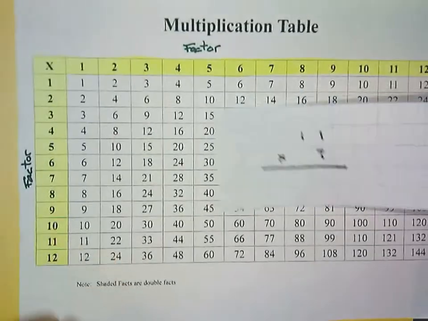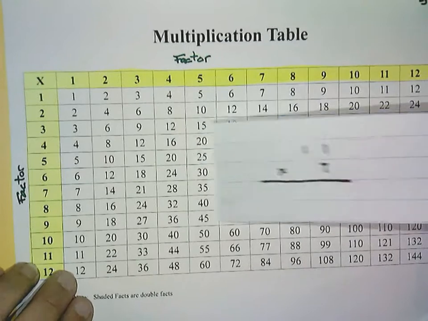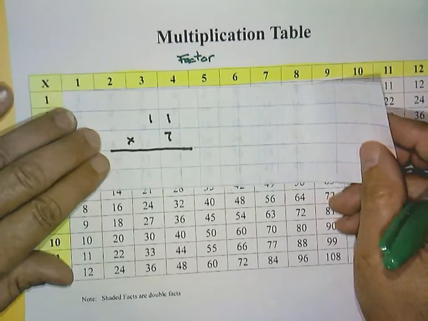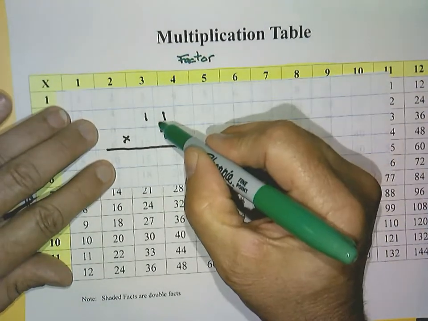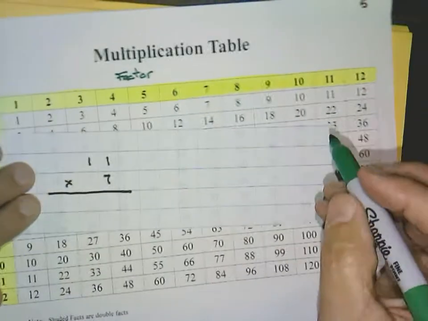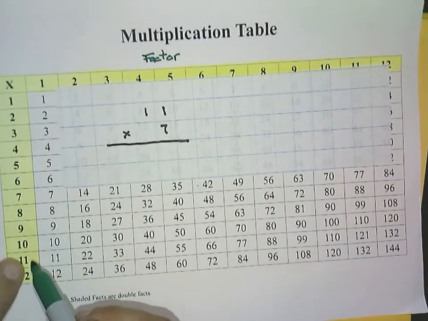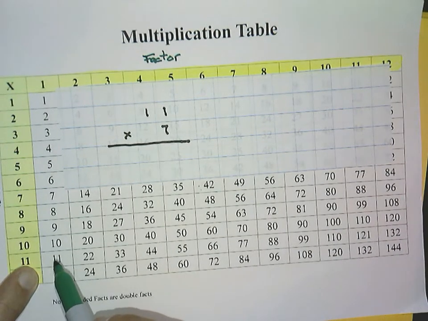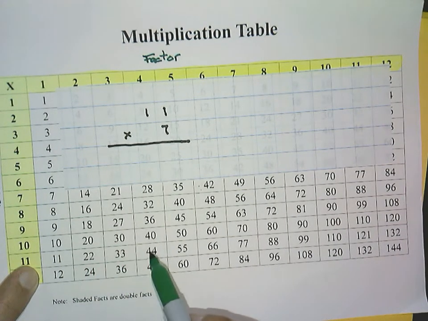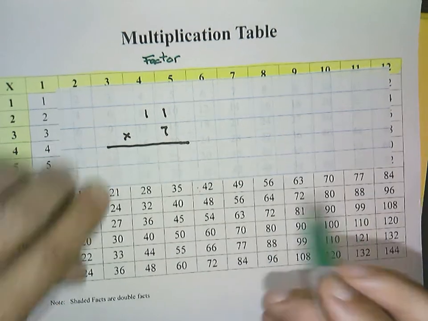You could also use your multiplication table reading from left to right. I'll show that for this problem. 11 times 7. So instead of finding 11 here, if some people would prefer to start to the left, either way is fine, and count 7. 1, 2, 3, 4, 5, 6, 7.